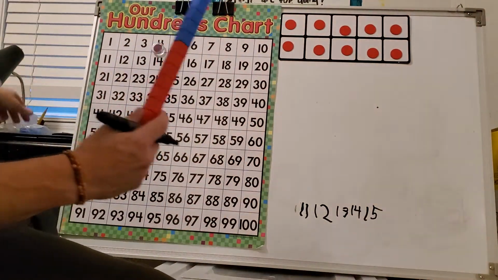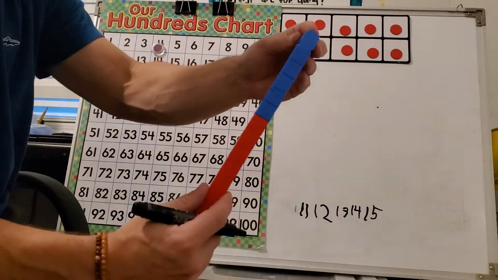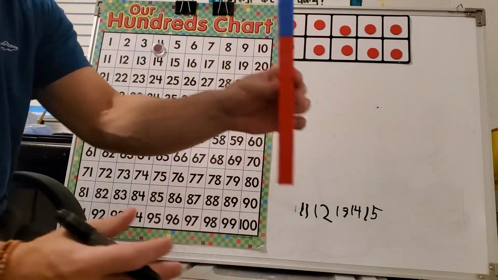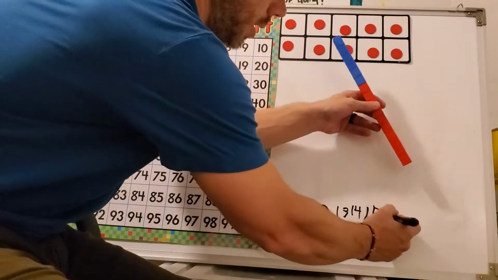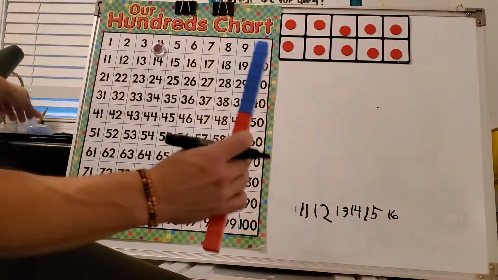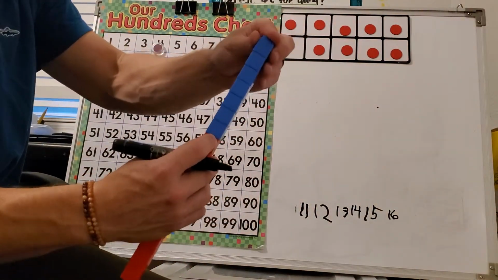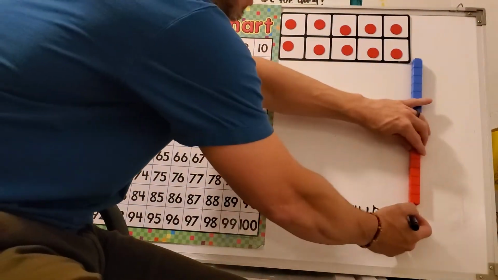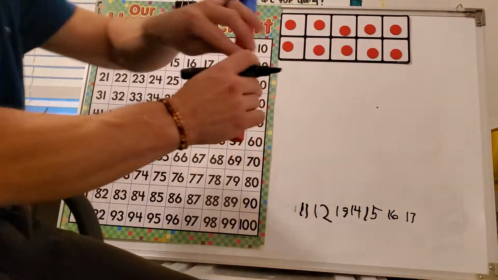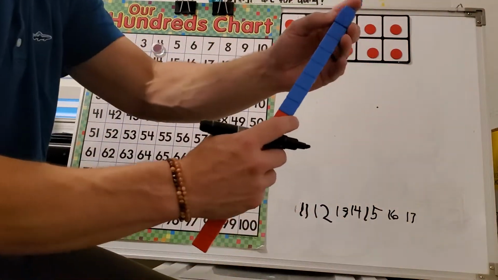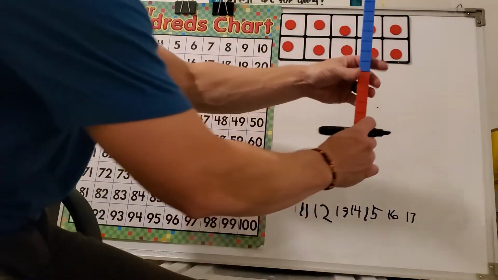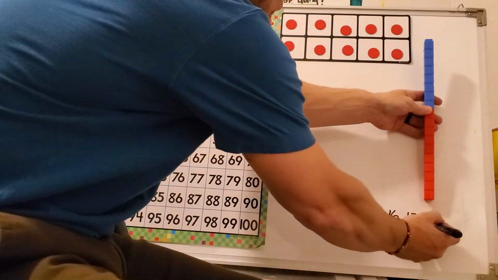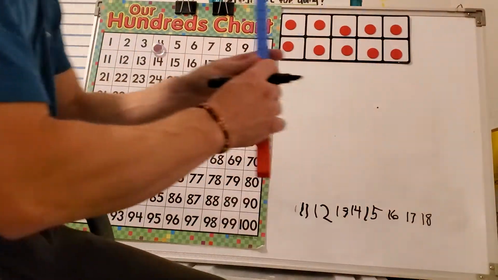So we can add 15, and one more is 10, 6 or 16. 16, and our pattern of one more is 10, 7 or 17. 17 and one more gives us our 10, 8 or 18.